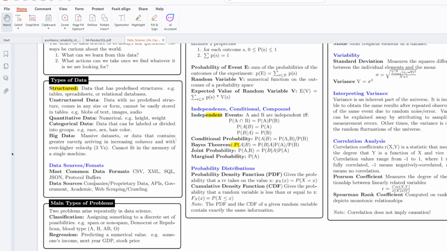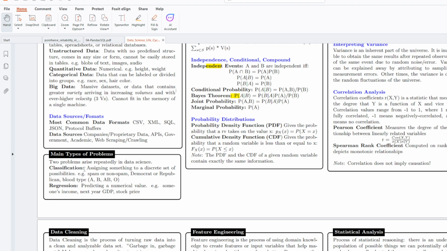So I said that in data science, it could be a classification problem or a regression problem. Now, how do you know if what you are dealing with is a classification problem? Before you'll be able to know, first of all, you have to know what you're trying to do. Am I trying to make a prediction or am I trying to make an inference?